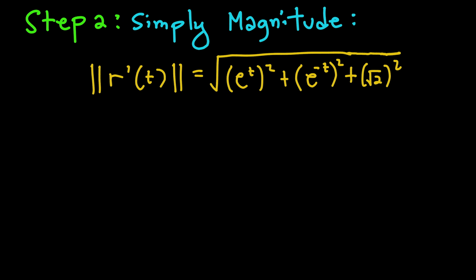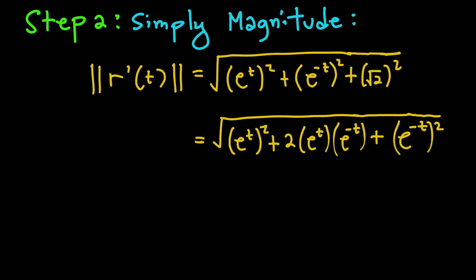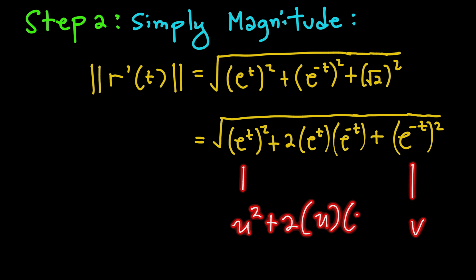We may rewrite this radicand into something like this. So here is the equivalent value of your square root of 2, and this one for this first term, and this one as your last term. So if you let this one to be your u and this one as your v, then you will have u squared plus 2uv plus v squared, which is a form of special product.